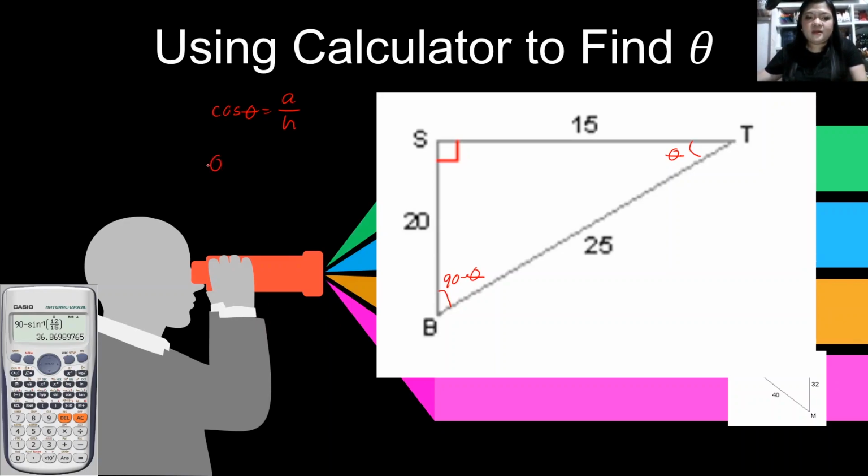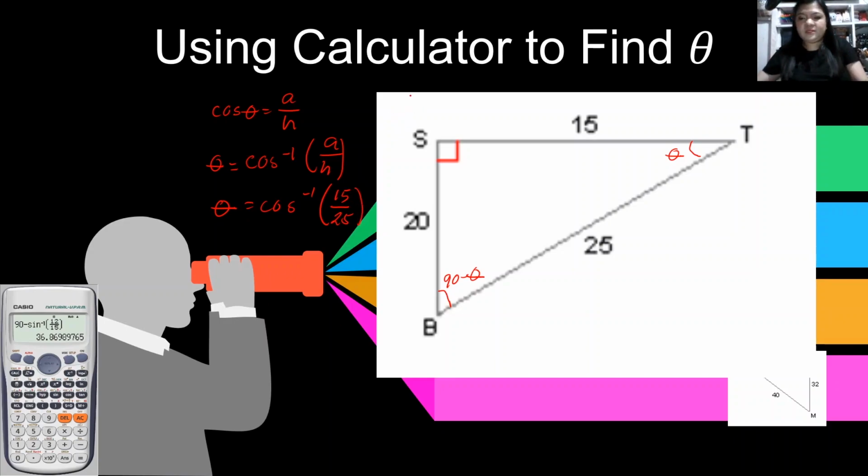To get the measure of theta, we take arc cosine, or cosine raised to -1, of both sides. So to find theta in example number 2, we have arc cosine of the side adjacent, which is 15, divided by our hypotenuse, which is 25.